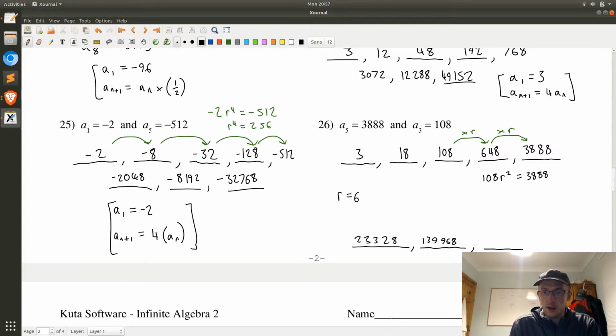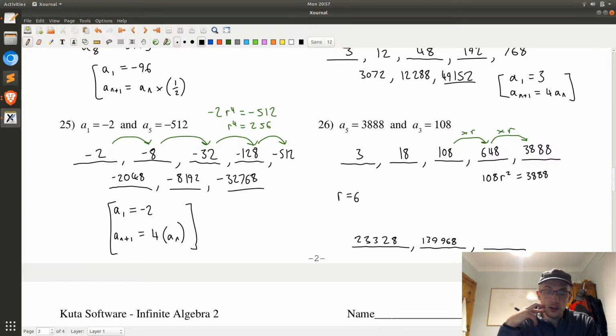Now for the 8th term, I'm just going to do 140,000 times 6 to get 840,000, and then I'm going to take away 32 times 6, which is like 196.